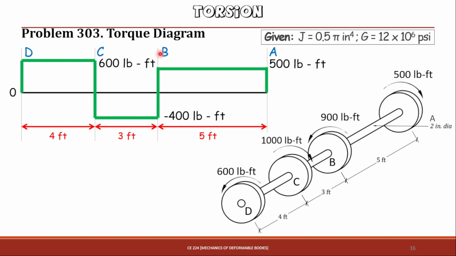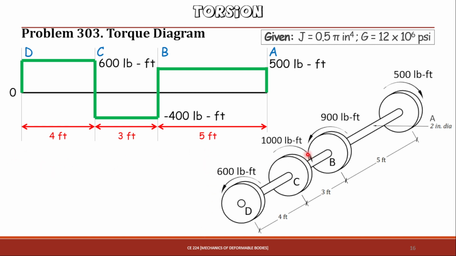So, pag kukunin natin yung angle of twist sa BC or yung shear stress sa BC, yung torque na gagamitin natin ay yung torque na nakikita natin dito sa ating torque diagram, which is negative 400 pound-foot. And ganoon din sa CD na 600 pound-foot. Okay? So, I hope nasundan yun. So, makikita natin yung application yan later sa mga susunod na steps.